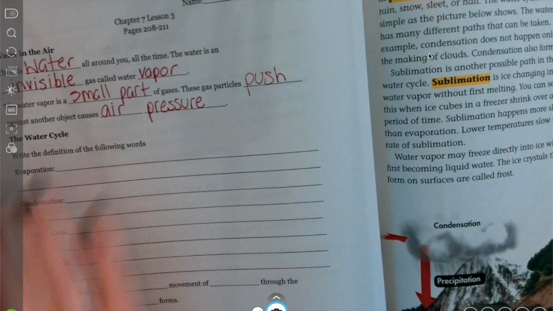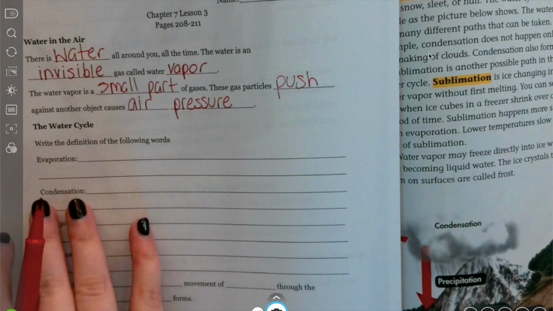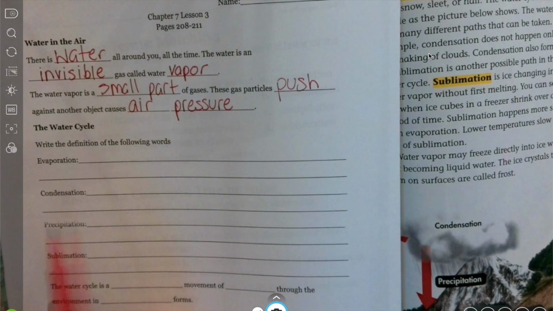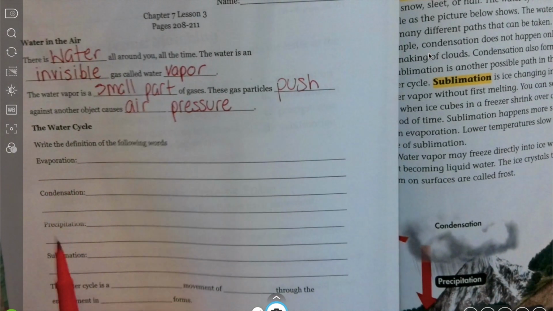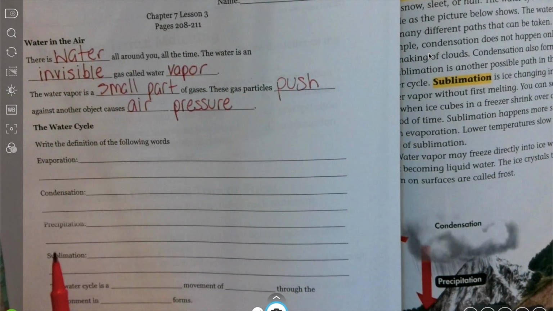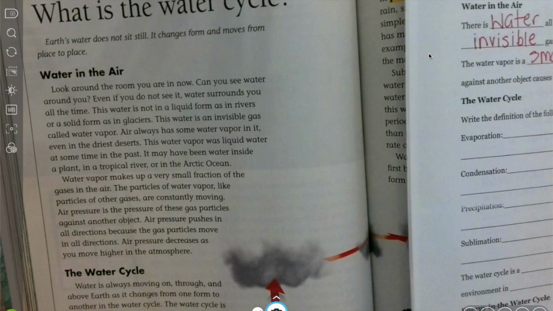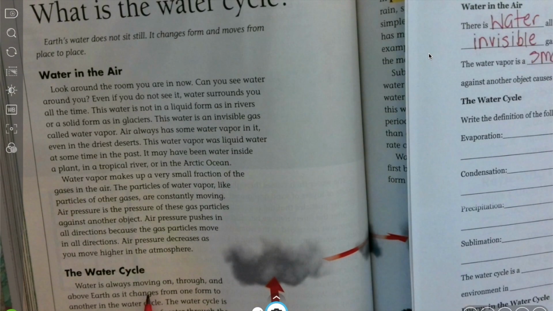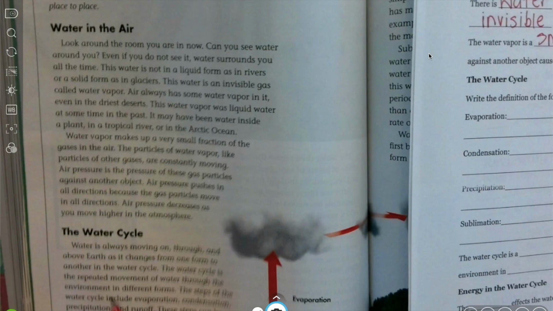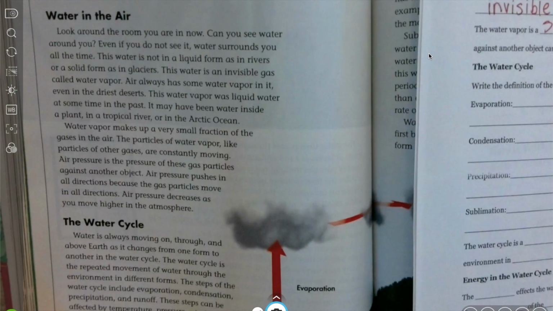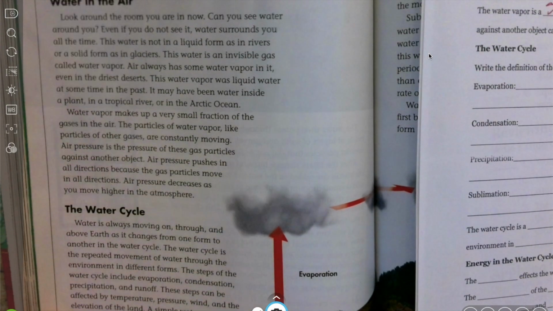And now we're going to see the steps of the water cycle. And what I want you to do during this is write the definition of the following words. These are going to be the 4 important words when we're talking about the water cycle. Water is always moving on, through, and above Earth as it changes from one form to another in the water cycle.